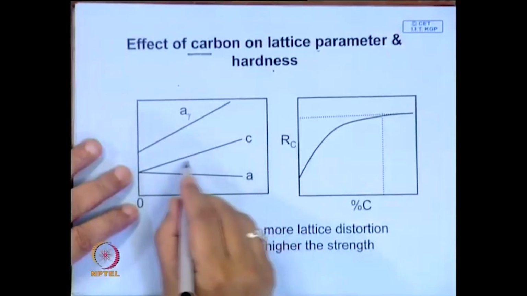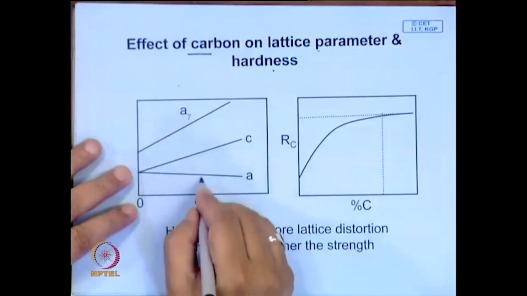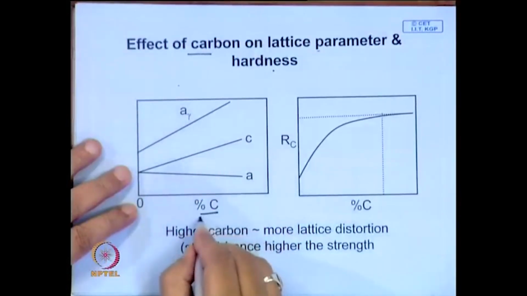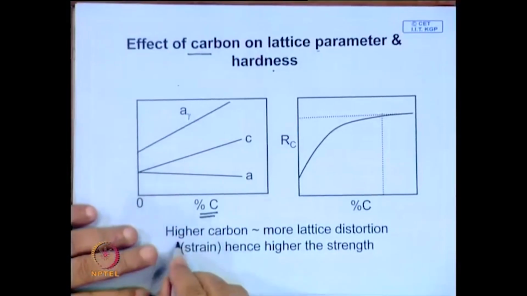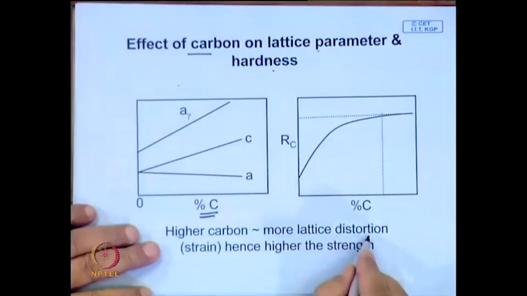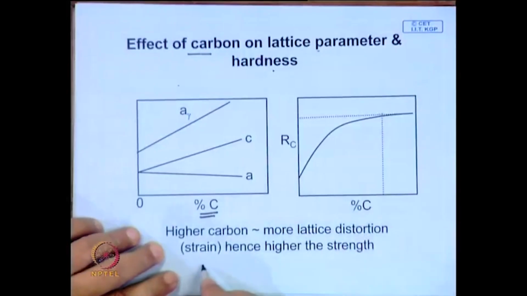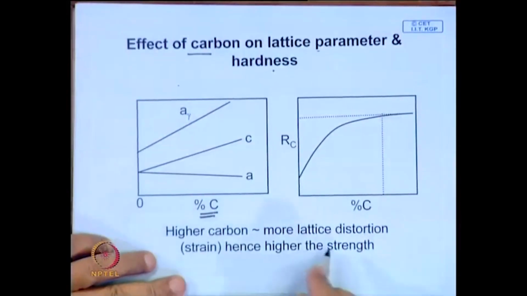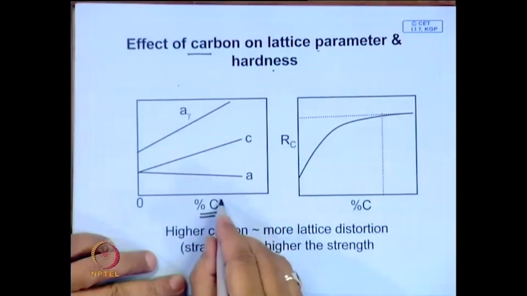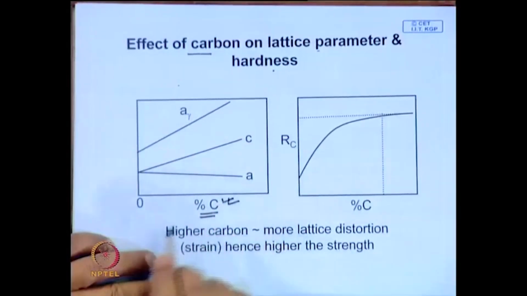On the whole, the C by A ratio increases with carbon content. So higher carbon content means more lattice distortion and more local strain, and therefore higher strength, apart from the solid solution contribution of carbon.